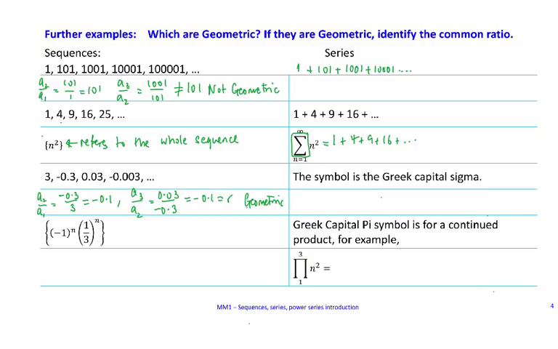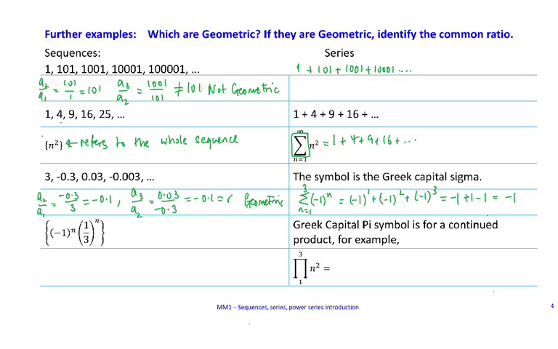So we could have also had another example of minus 1 to the power of n. This is minus 1 to the power of 1 plus minus 1 to the power of 2 plus minus 1 to the power of 3. So we've got minus 1 plus 1 minus 1, which is equal to minus 1. And of course, if you take n to the 4, it'll actually be 0.